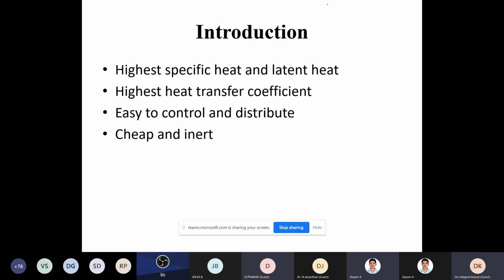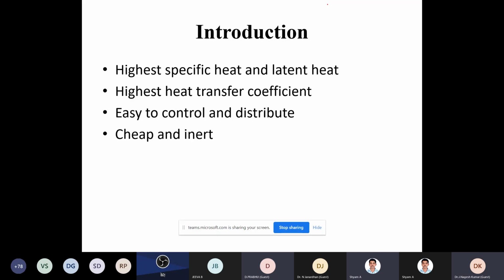The specific heat of air is only 0.24. So water, at 1 kilocalorie per kilogram degree, has almost 4 times the specific heat of air, which means it can carry large amounts of heat in a given mass.